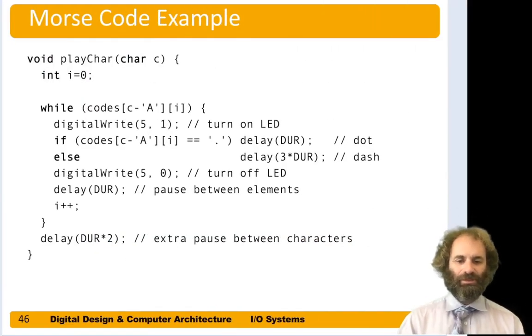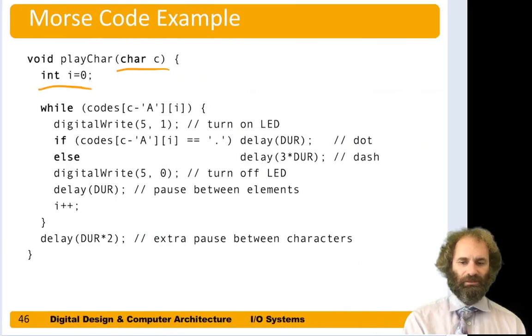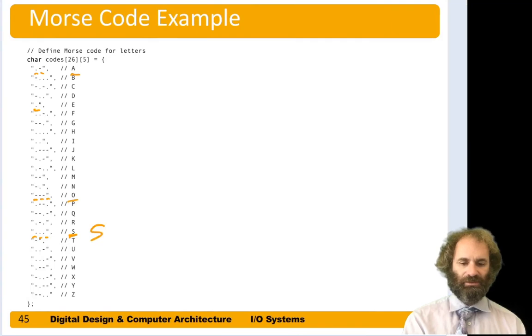Now let's write a function that plays a particular character. So we'll take the ASCII character C, and we will iterate over each of the characters for that code. So for instance, supposing the character was S, we want dot, dot, dot.